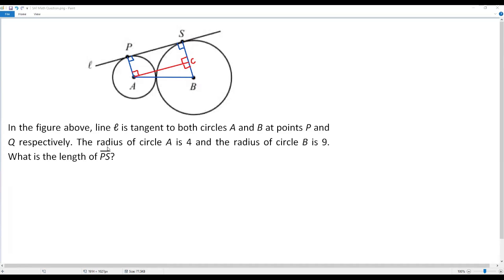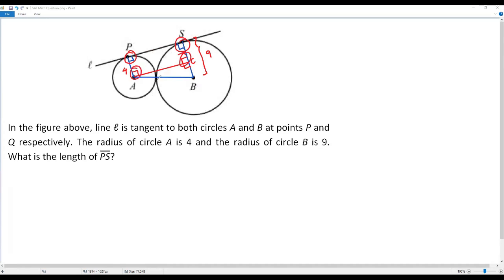Now, let's consider this particular piece of information. The radius of circle A is 4 and the radius of circle B is 9. So the radius AP is 4 and the radius SB is 9. Now let's consider the quadrilateral PSCA. In this quadrilateral, at each vertex we have a right angle.